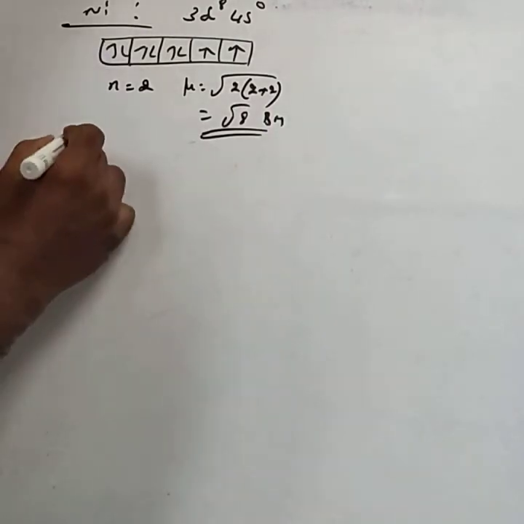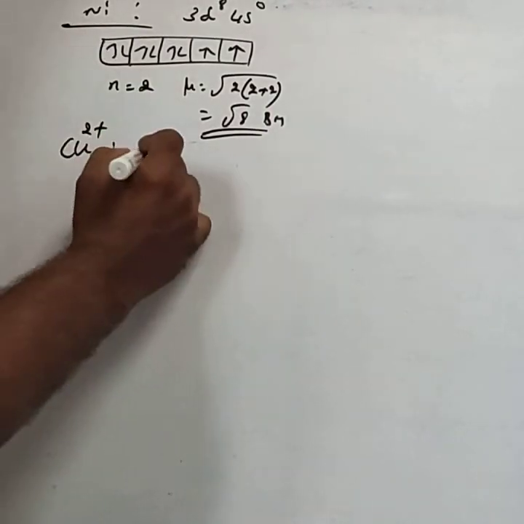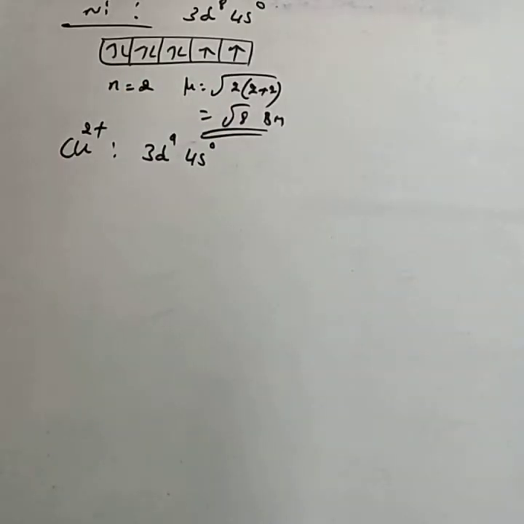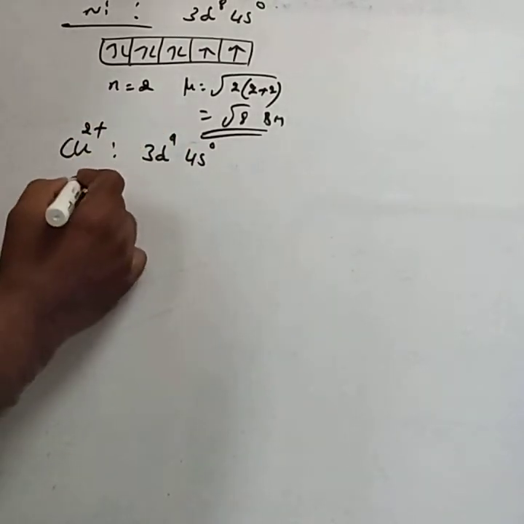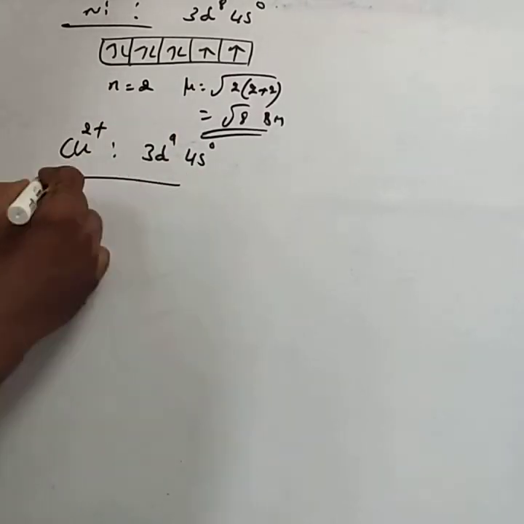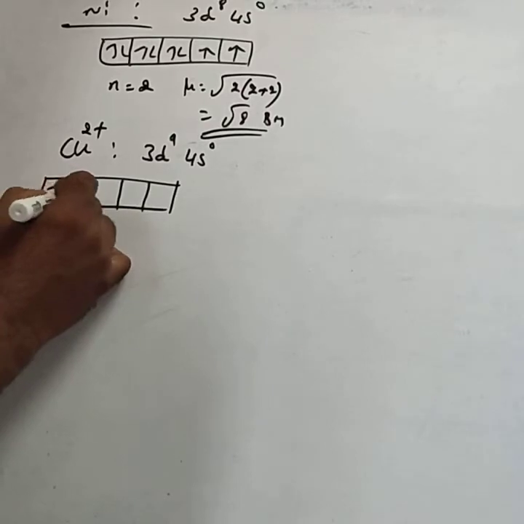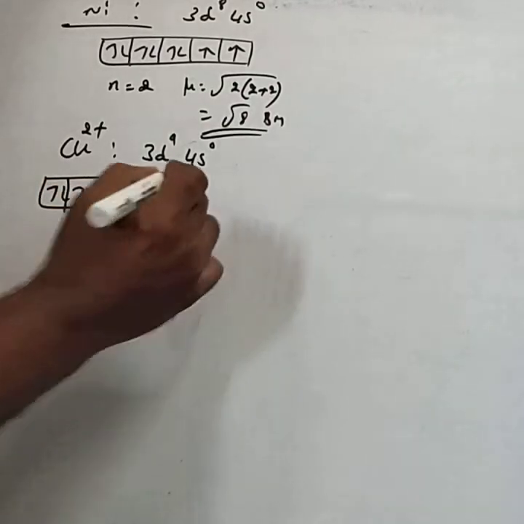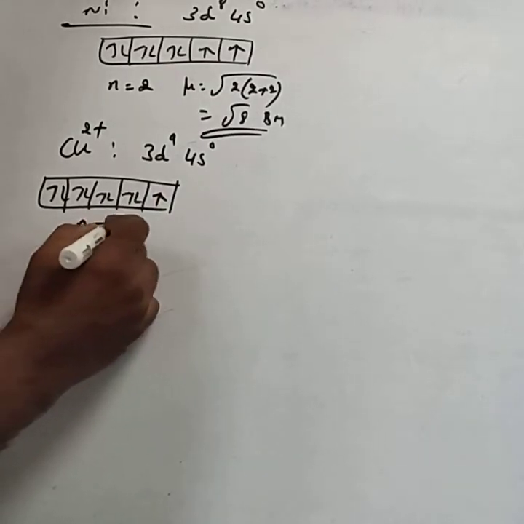For example, take Cu2+. Cu is 3d10 4s1, so Cu2+ means 3d9 4s0. For the n value according to the box diagram, these are paired, up to here paired electrons. Only one unpaired electron in 3d9, so n equals 1.